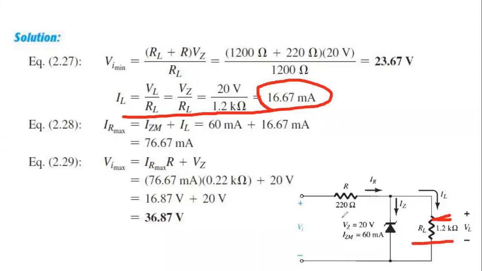If you check this properly, what will be the maximum current of IR?